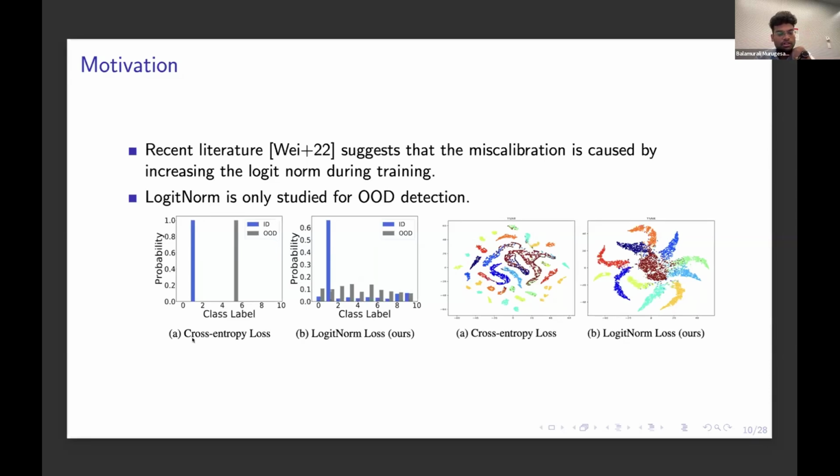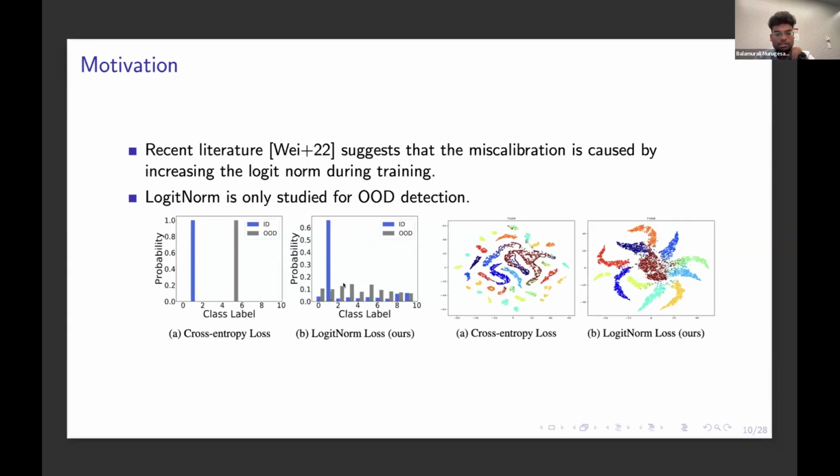Here you can see the comparison between cross entropy and logit norm. In the left one, both for in-distribution data and out-of-distribution data, there is a high confidence score, which we don't want. In logit norm, in-distribution the confidence is very high, and in out-of-distribution it's very uncertain.